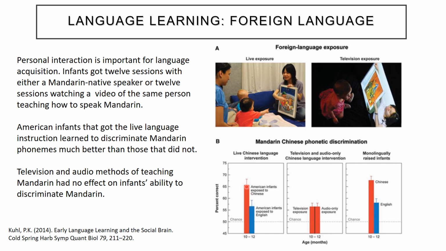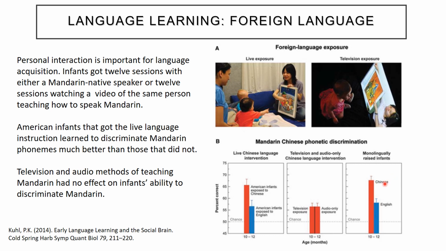You can see for the American infants that were exposed to Mandarin, their percent correct of distinguishing and identifying Chinese phonemes was much higher than American infants that were exposed just to English. For those infants that were exposed to television, and also some other infants that they just played the audio to, no television at all, those children's abilities to distinguish the different phonemes was no different than children that got no instruction whatsoever.